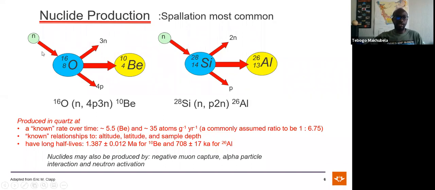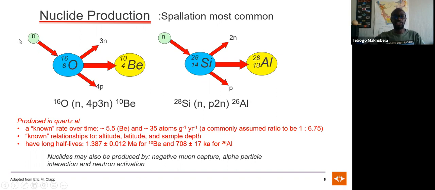Simply indicated here, for example, we have a high energy neutron impacting an oxygen atom in quartz, in whatever rock, it could be a sandstone or a granite. And then we have beryllium-10 being produced together with 3 neutrons and 4 protons. And these neutrons and protons do not actually continue the cascade of cosmogenic production.